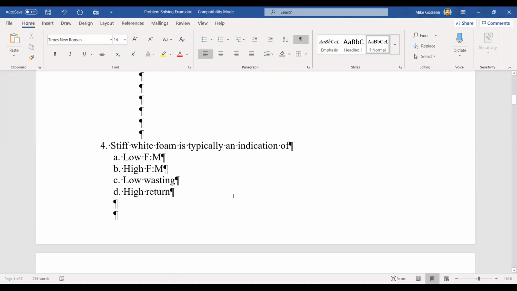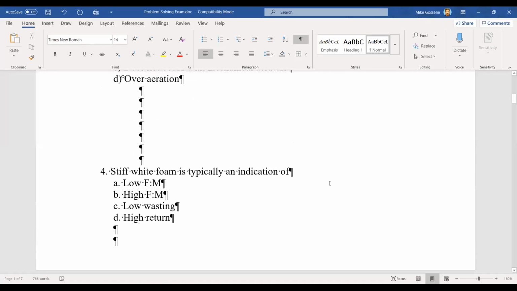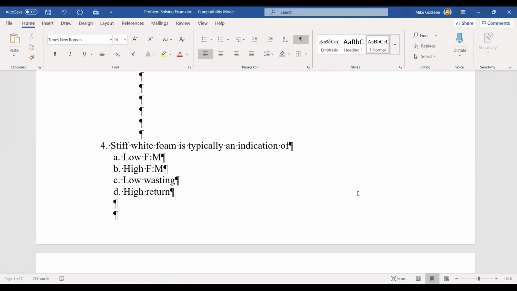The next one: stiff white foam is typically an indication of... an answer of B, and another B, that's correct.